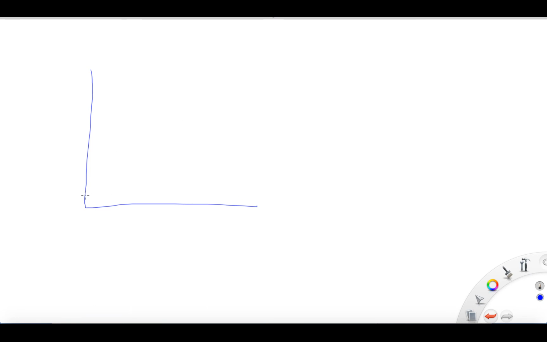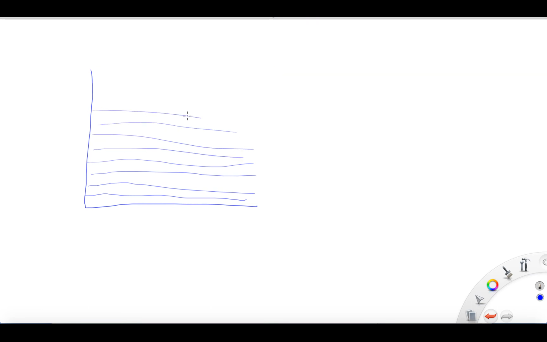And this graph, obviously, I'm not going to be able to do it very well because I can't draw straight lines. But you get the idea. All right, so I'm just going to draw some here. Bump, bump, bump. There's my graph. Right here at this point is 0, 0.